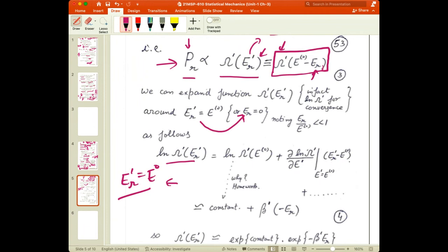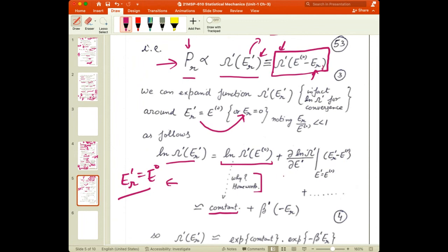And of course multiplied by this interval ER prime minus E0. And if you see, this first number is a constant, because these are the number of states my reservoir can have when the full energy was possessed by the reservoir. And this is constant because E0 is not a variable. Although I said that this is homework, you check, I already gave the answer that this number is going to be a constant.